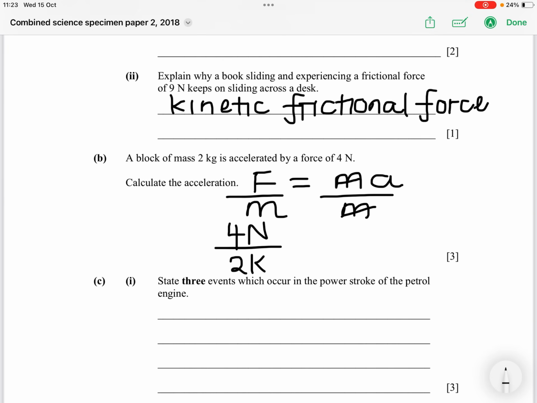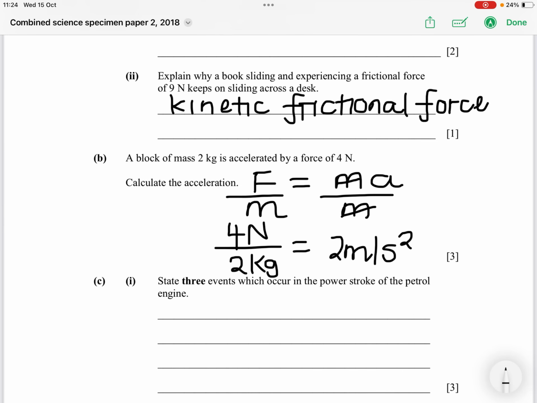So the force is 4 newtons, the mass is 2 kg. We are going to get, our answer is 2 meters per second squared. So for you to get all the marks, provide the formula, the working, and also you are supposed to provide the answer and correct units.